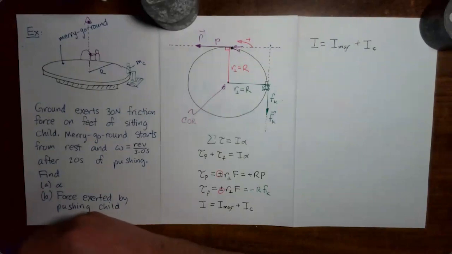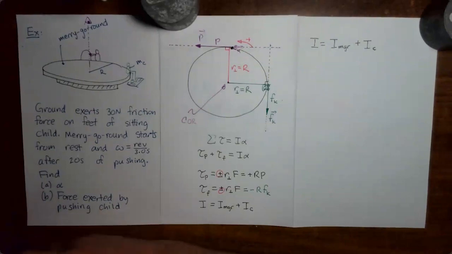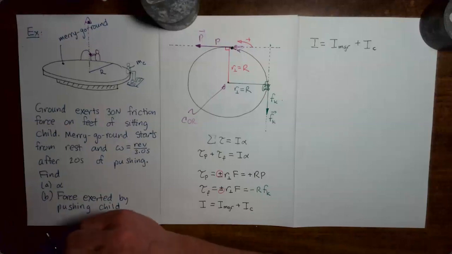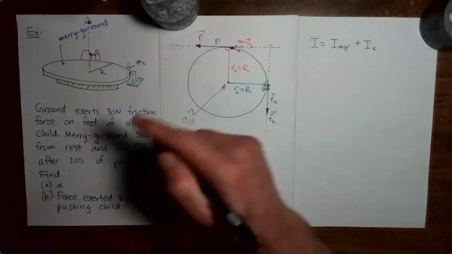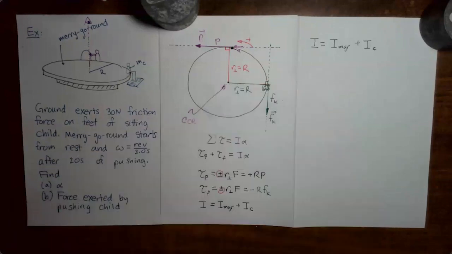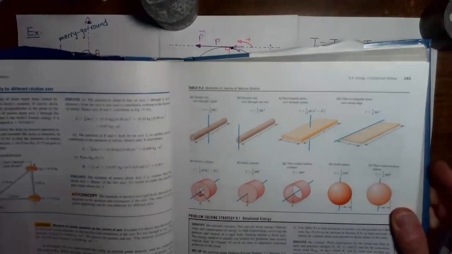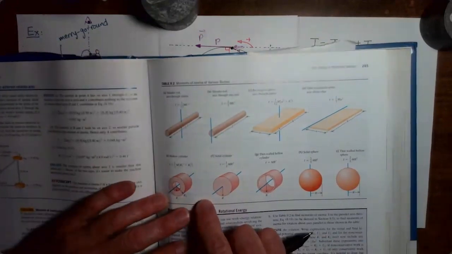First, how do we find the moment of inertia of the merry-go-round? Let's assume that the merry-go-round has approximately the shape of a solid cylinder. So what we can do is go to our table and look up the moment of inertia for a solid cylinder rotating about its symmetry axis. Your textbook or any introductory physics textbook will have a table essentially like this.